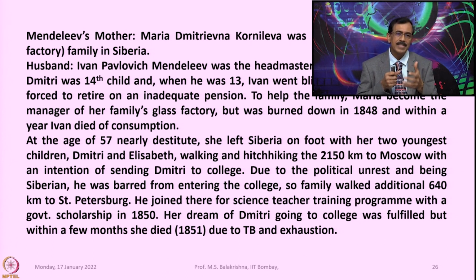And look at the desire and determination of a mother to educate her children. Due to the political unrest and being Siberian, he was barred from entering the college. So, the family walked an additional 640 kilometers to St. Petersburg. He joined there a science teacher training program with a government scholarship in 1850.